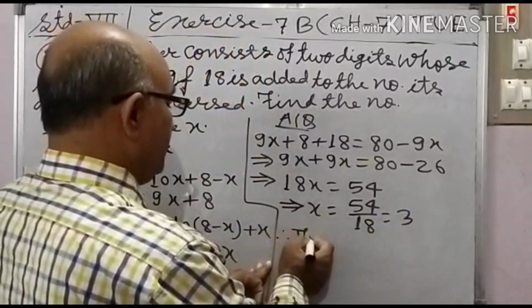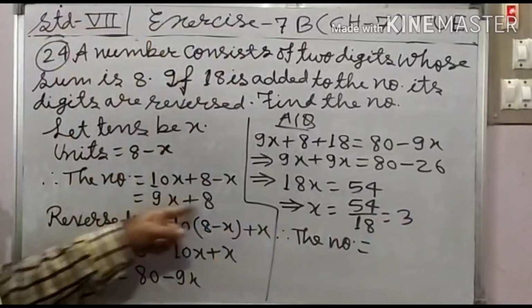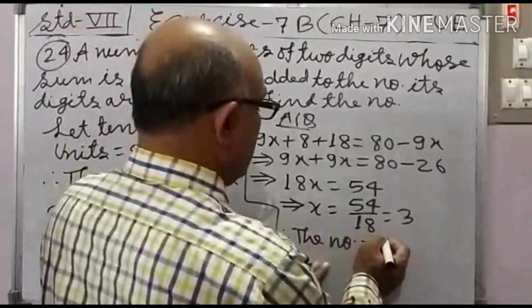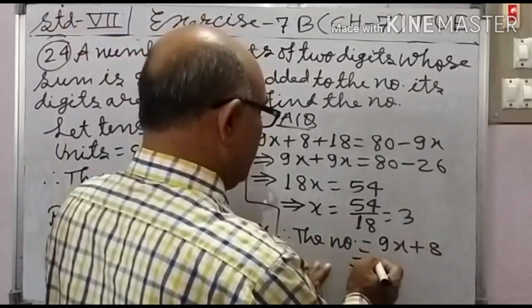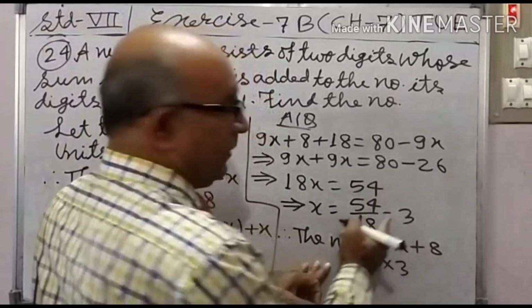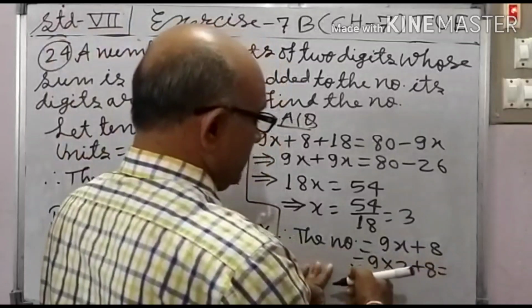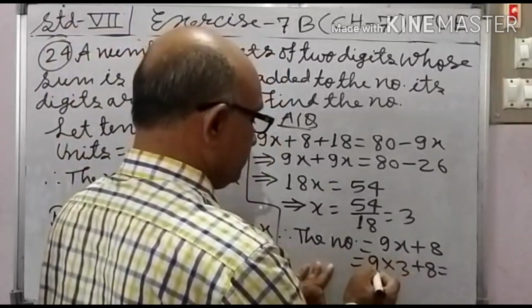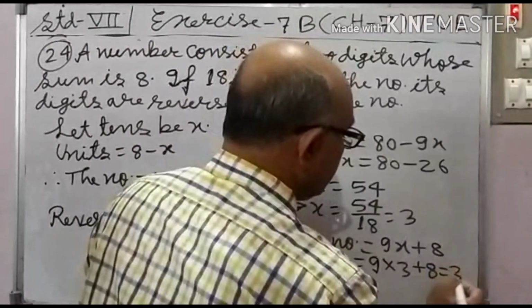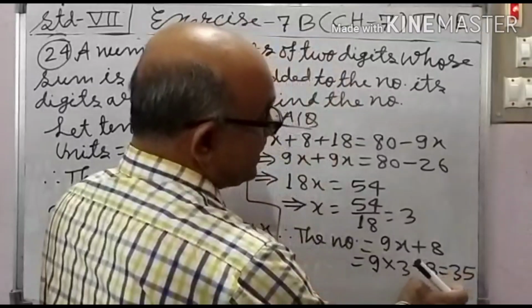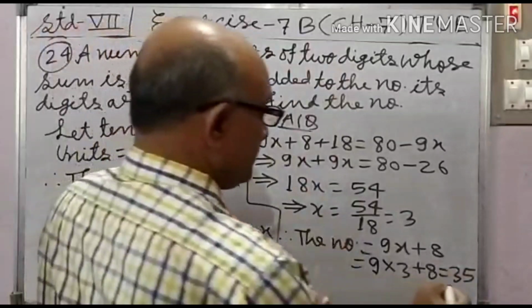Therefore, the number is 9x plus 8, equals 9 into 3 plus 8. 9 threes are 27, 27 plus 8 is 35. The sum of its digits is 3 plus 5, 8. So, answer.